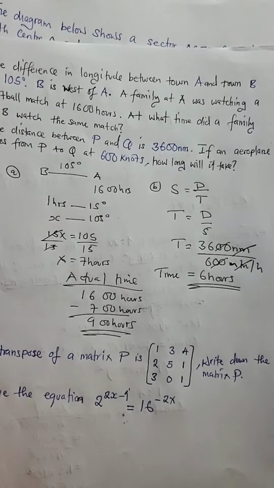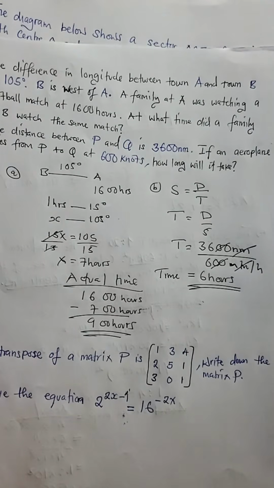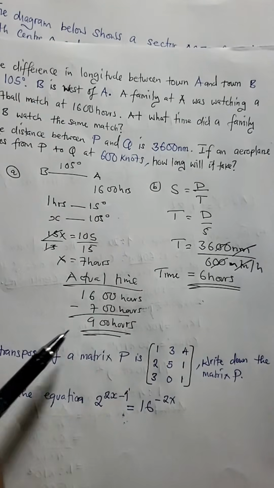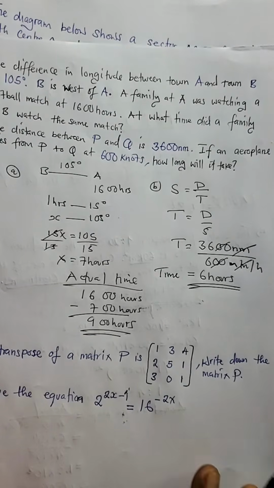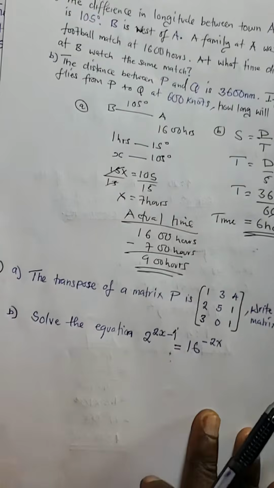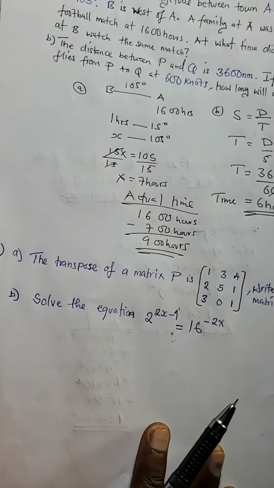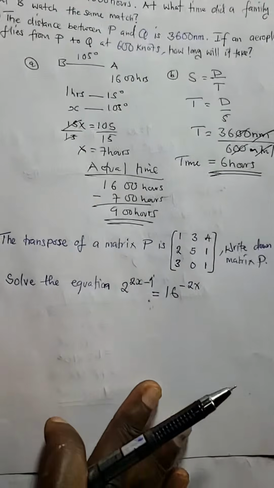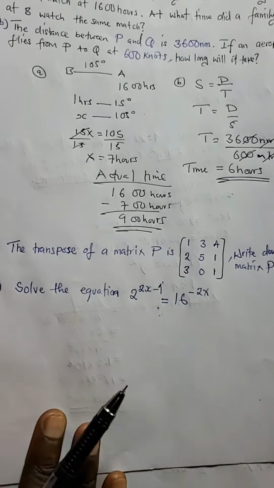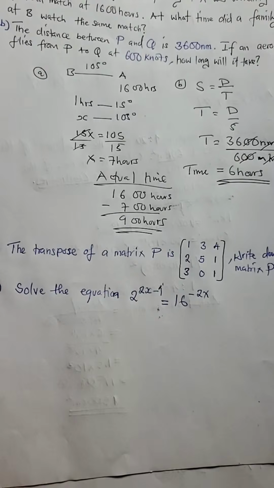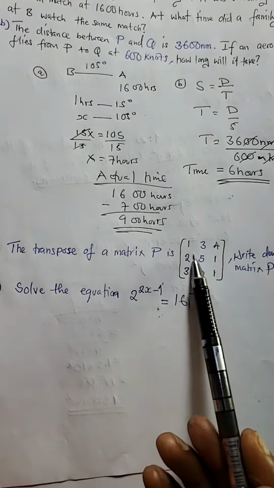Let's go to question. I hope Mwinga, you've understood why the answer here is 9 hours and not 23. Let's go to question 11. Question 11 is saying the transpose of a matrix P is this.